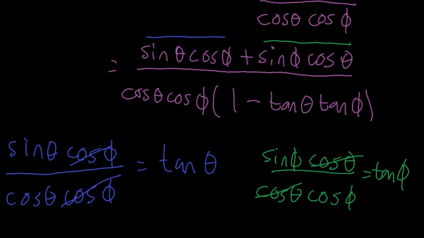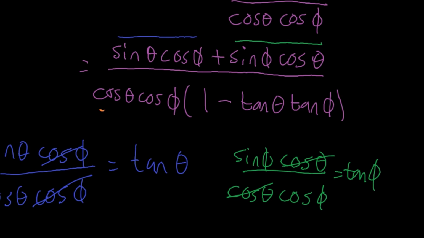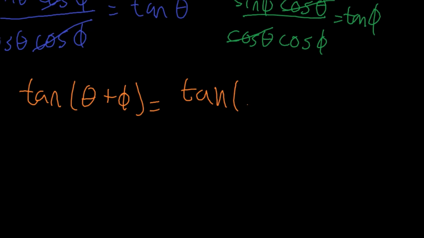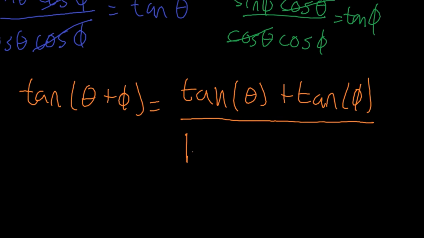So now, when we divide the top, we're left with tan theta plus tan phi, giving us our compound angle formula for tan of theta plus phi equals tan of theta plus tan of phi, all divided through by 1 minus tan theta tan phi.